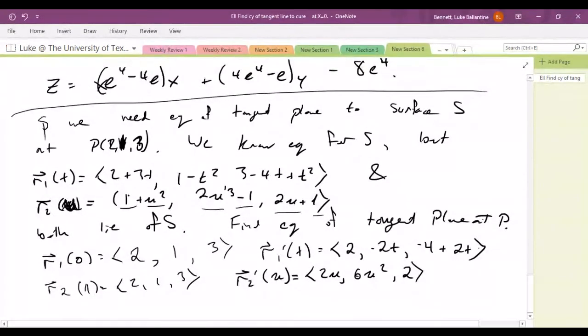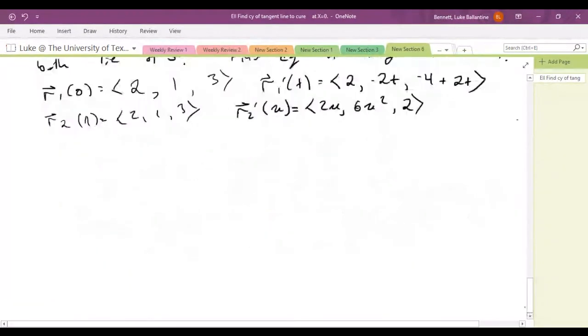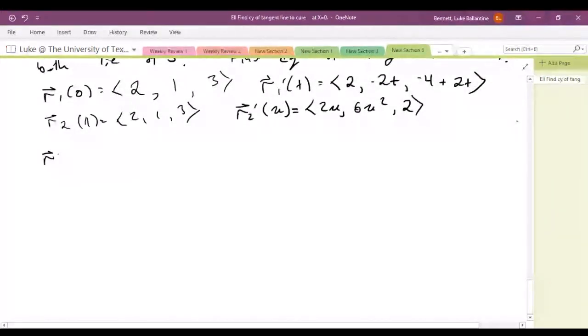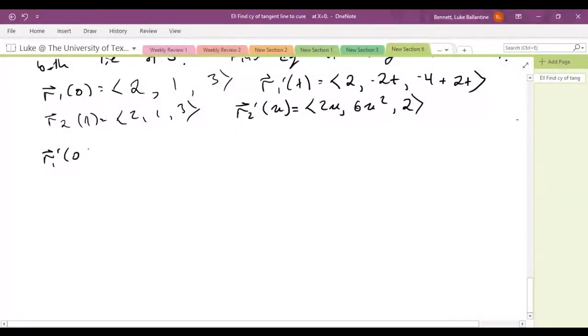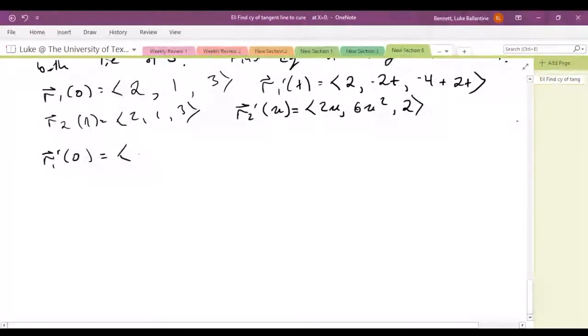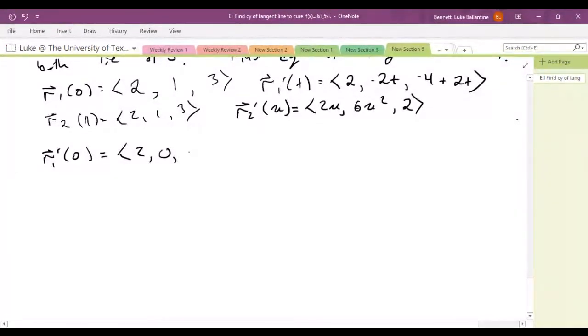Evaluate these at, so we have R1 prime of 0 is equal to 2, 0, negative 4. That's wrong.